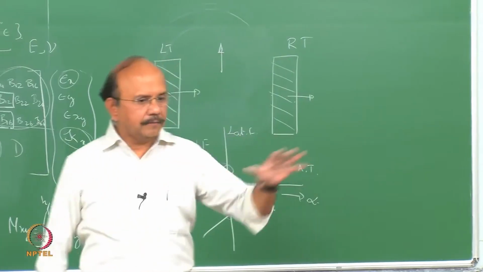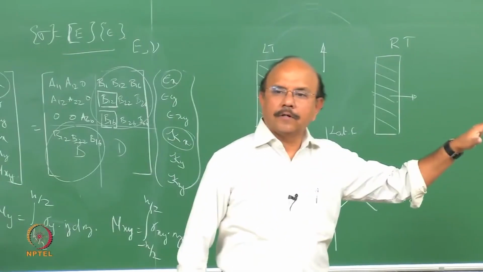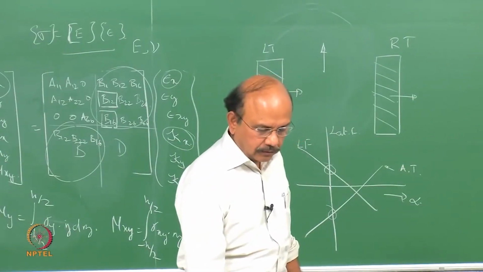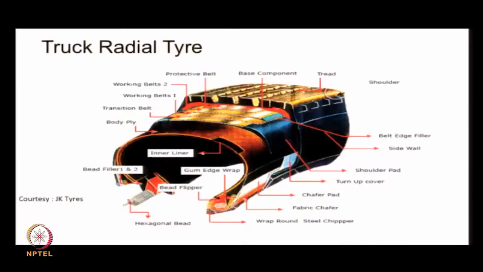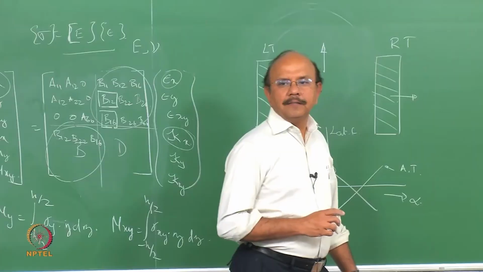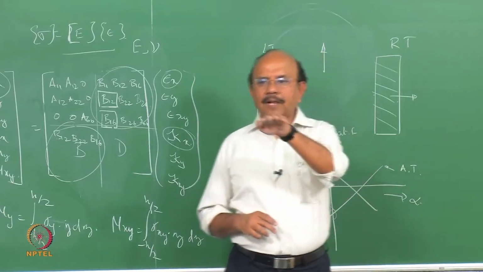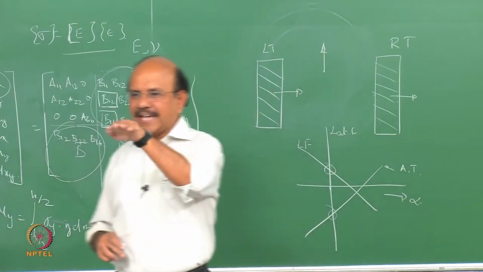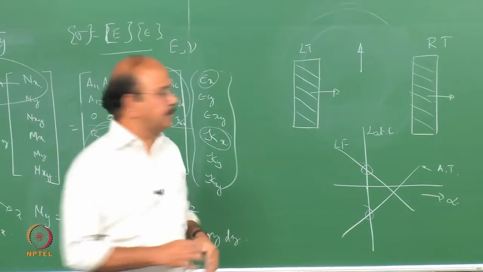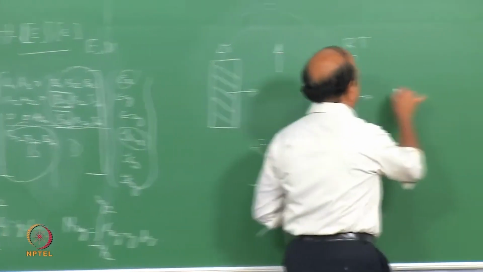As you had seen, there are what are called belts. We saw that just now. So assume for a minute that the belts are not aligned exactly at the center. In other words, suppose I say that I cut this tire.